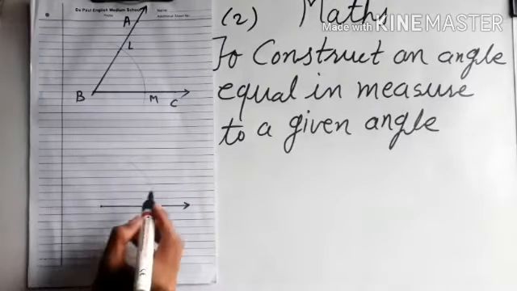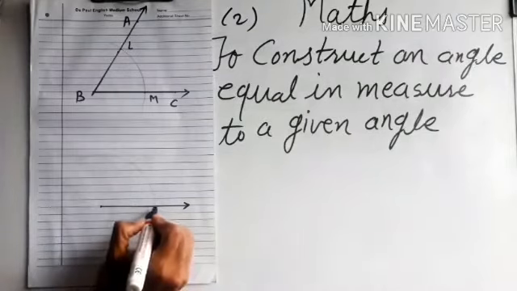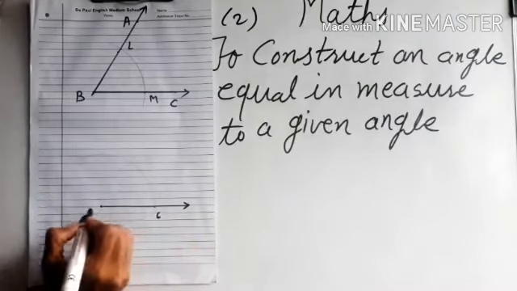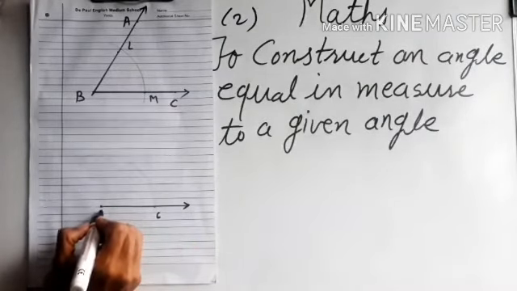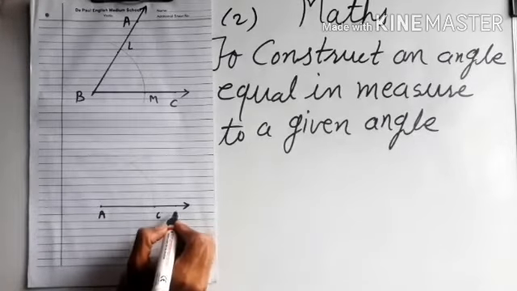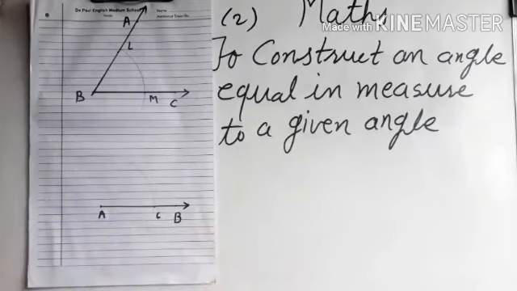Let me give some names to this. Suppose point C here, and this is arc AB. Then you have to draw one ray.